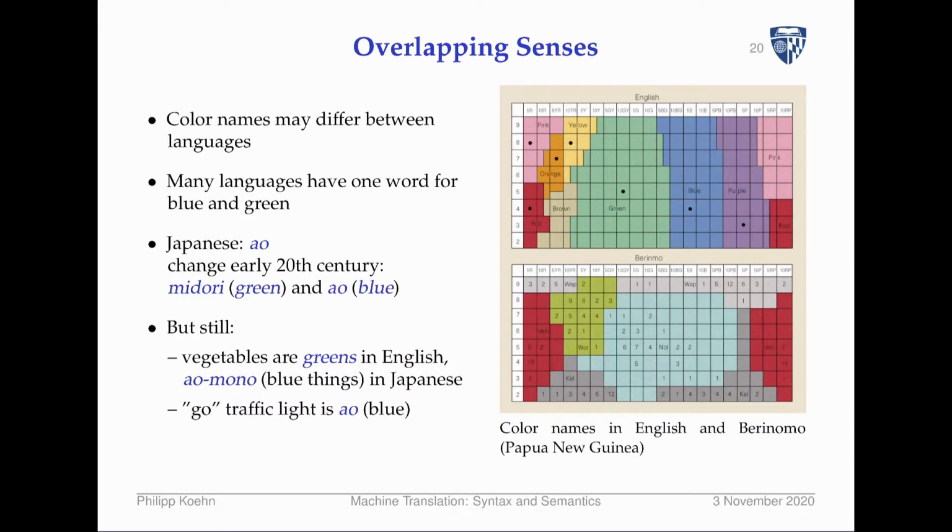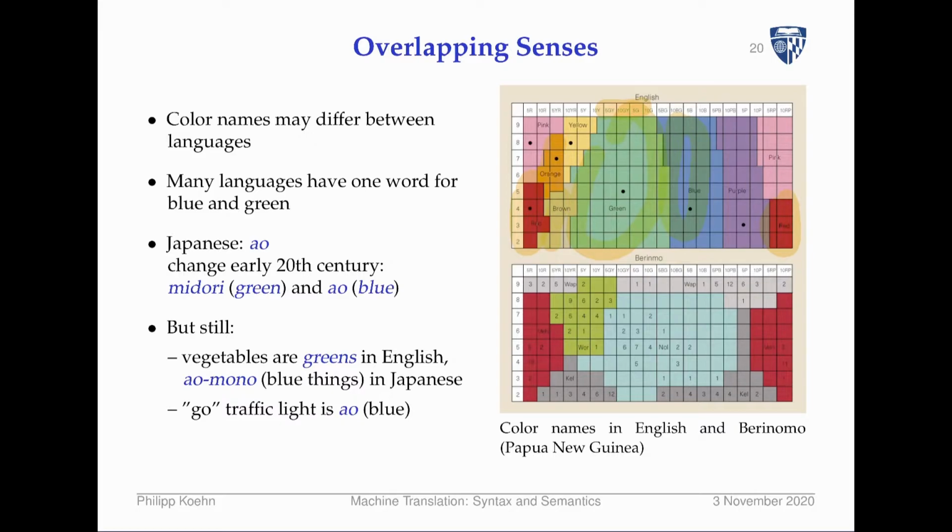It's obviously deeply culturally embedded. So up here, you see an example of how English looks. A large range of the color spectrum is called green, another one blue, red apparently a smaller one, and there's brown and orange, which are similar in a lot of ways, and so on.